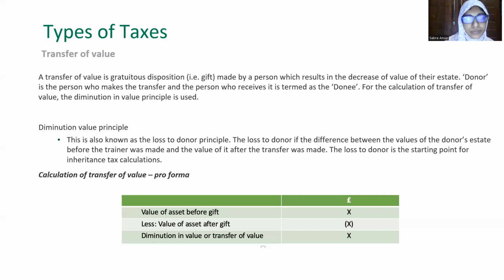Sorry about that. So the calculation of transfer value, as you can see: the value of assets before the gift is included. Thereafter, the value of the asset after the gift will be deducted from it, and then the diminution in value, or transfer value, will be calculated.